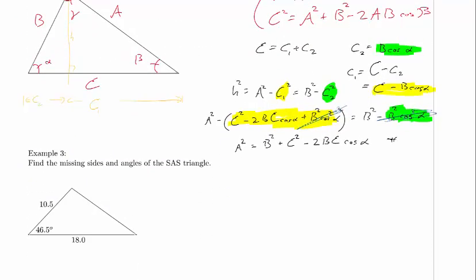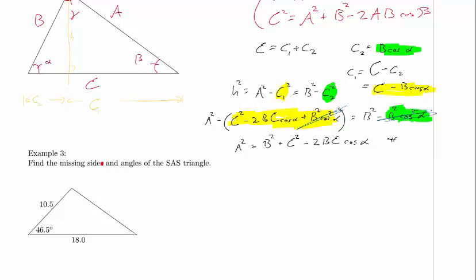So let's go ahead and use the law of cosines to solve a side angle side triangle, and we want to find the missing side and angles. So first off, let's go ahead and identify or label some of the angles.